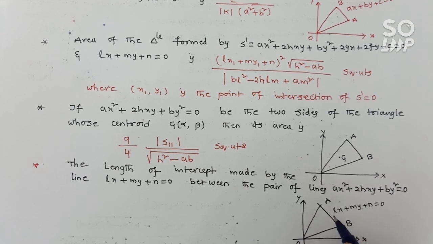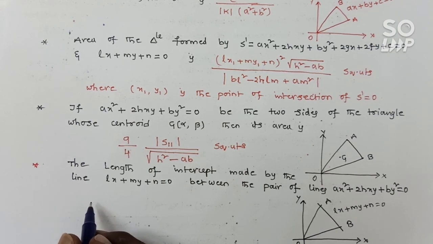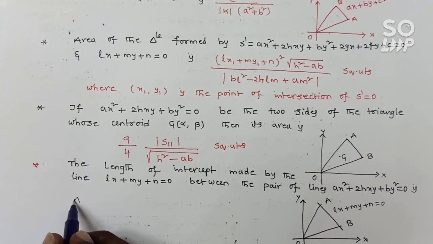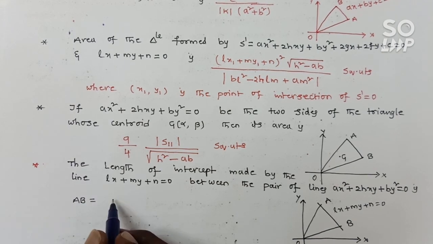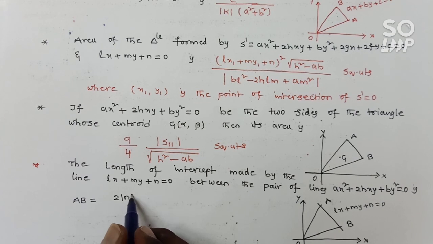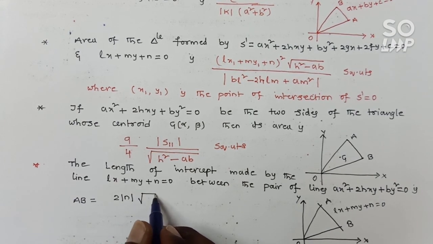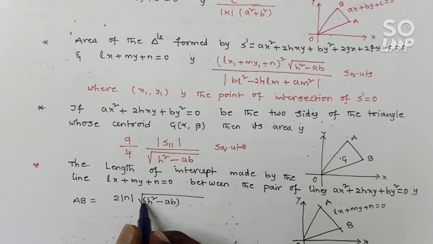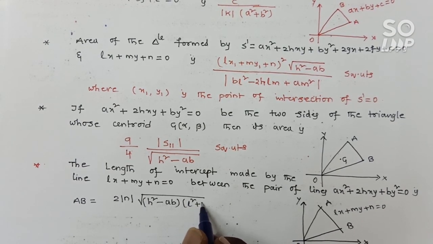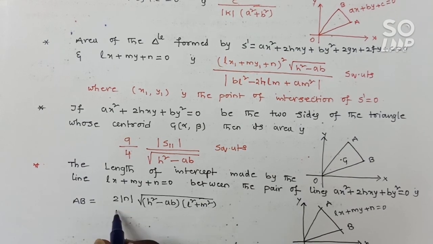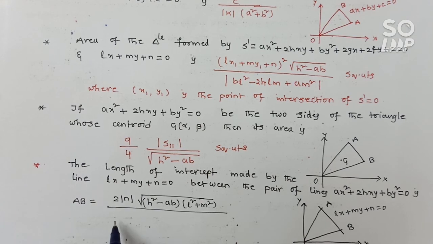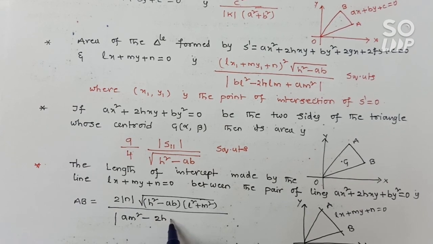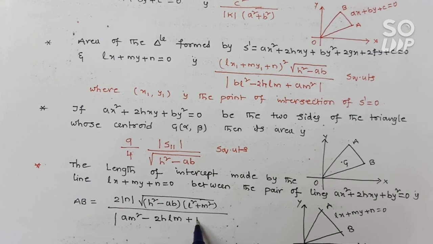Then we have to find the AB length. AB is equal to 2 into modulus of n into square root of h square minus a into b into l square plus m square, whole divided by modulus of a into m square minus 2h into l into m plus b into l square.